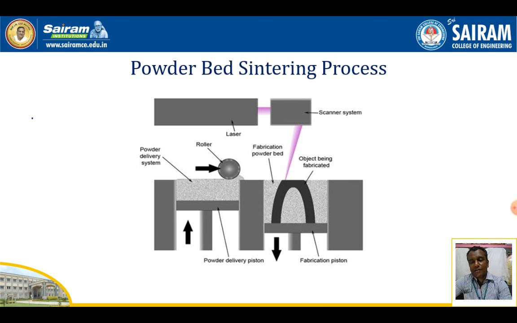Again the roller pushes some powder above the layer, the heat source supplies the heat, and it gets fused to the previous layer. The process takes place repeatedly, and finally you get the desired component.